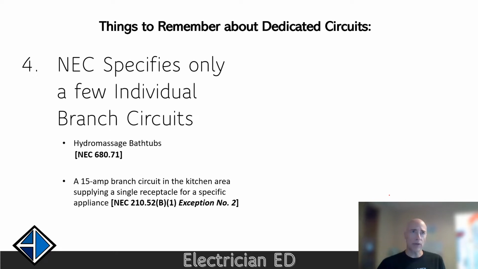Pantry, I think, is another one. Breakfast nook has to be from a 20 amp, what we call a small appliance branch circuit. This is the one exception. If it's supplying a single piece of equipment, it could use a 15 amp breaker and 15 amp wiring to that receptacle. But remember, it has to be an individual branch circuit, a single receptacle.